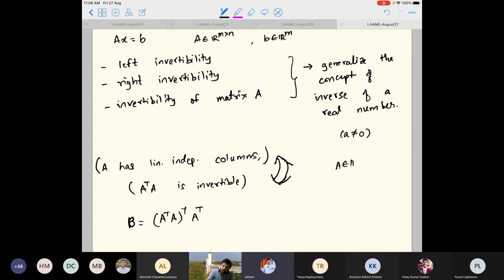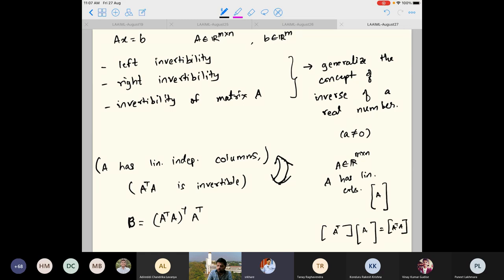So if A is a matrix of size m by n and A has linearly independent columns, what does that mean? That means the matrix is either a tall matrix or a square matrix at best, right? So m cross n with linearly independent columns, this is the way A looks. A transpose multiplies A, so you get a square matrix which looks like this.